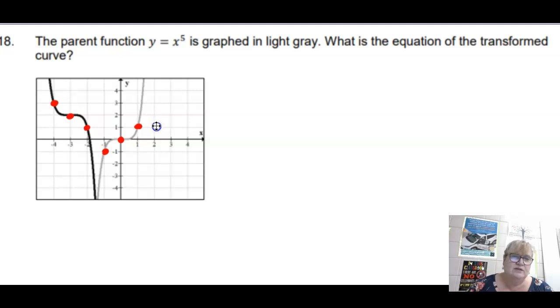We can't really tell, and it really doesn't matter because a negative x to the 5th is the same as the opposite of x to the 5th. So which way it reflected doesn't really matter, but we have to have it reflecting once. And the second thing that happened is this dot that was its inflection point went 3 to the left and up 2.